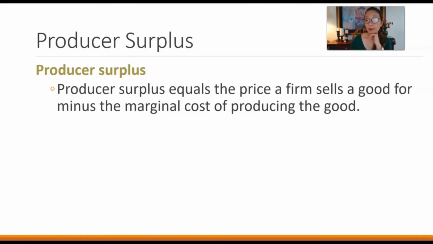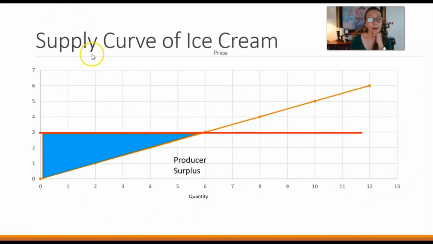So producer surplus is going to be the area that is underneath the price, but above the supply curve.